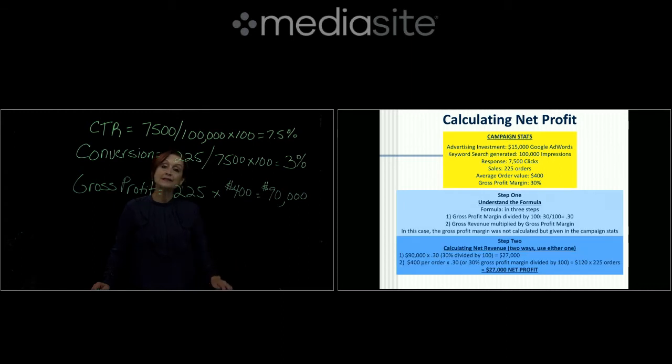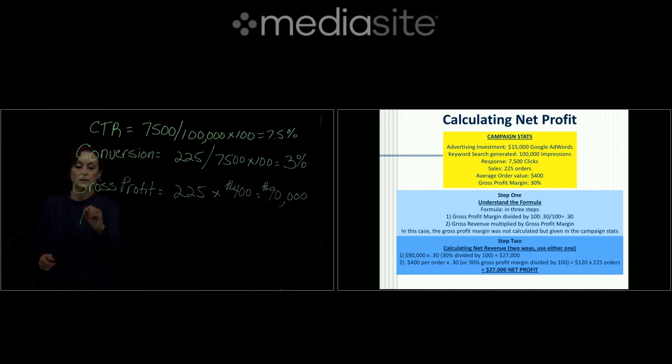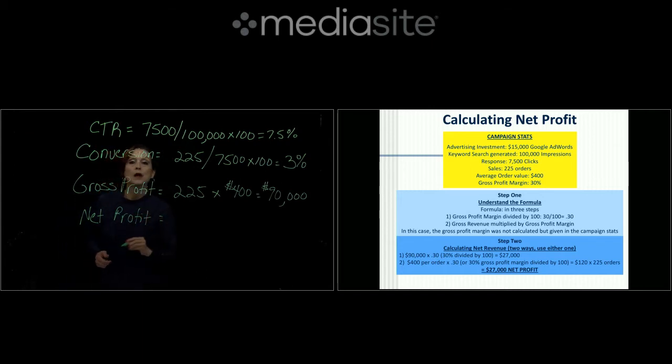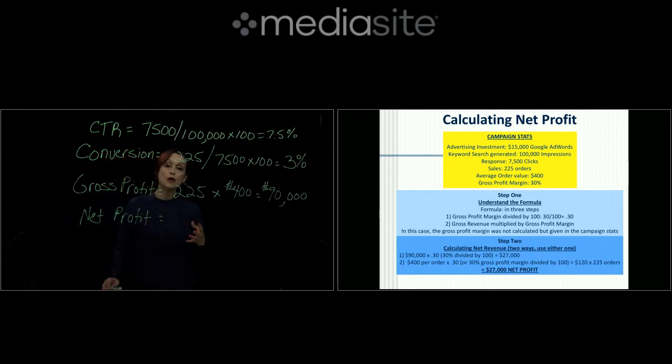So now the next step is to calculate net profit. For net profit, the formula is gross revenue multiplied by the percentage of gross profit margin, divided by 100, equals net revenue. Again, this is information you need to know from the actual retailer or client.